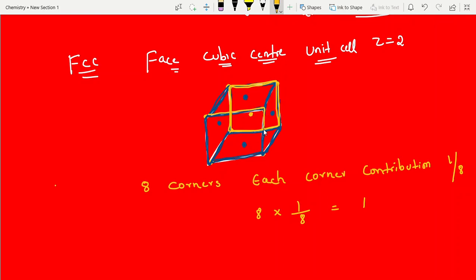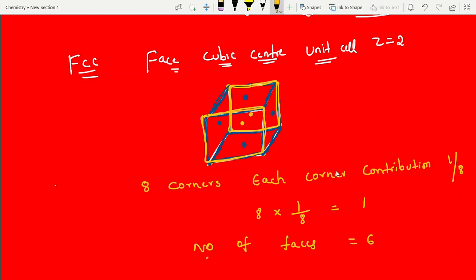Consider even this cube. Right? This cube. That's it. For this one also, face center. Totally, how many faces have we got? Number of faces equal to 6.